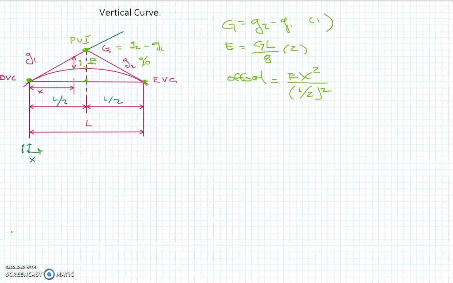Another formula that you also need to know is how to find the distance from the beginning of the curve to the high point of your curve, or the low point if this is a sag curve.